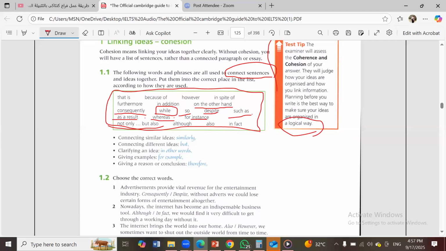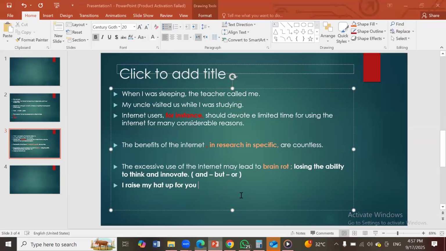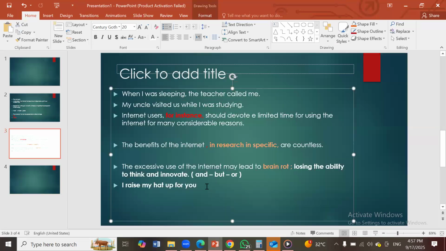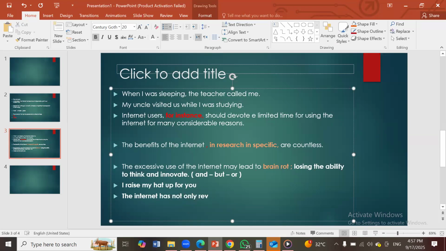So not only but also, we can use it, but not only but as well. What have you just said? The internet has not only revolutionized how we communicate and reach out to each other, but also transformed or enhanced global education.